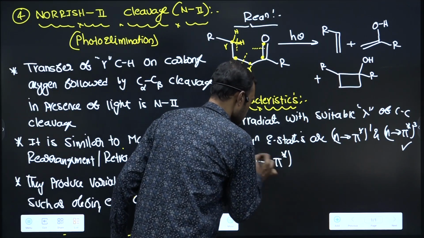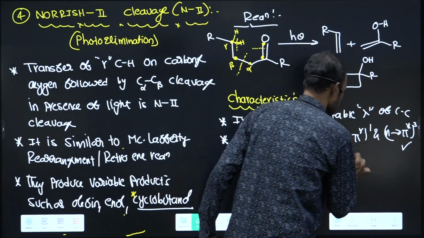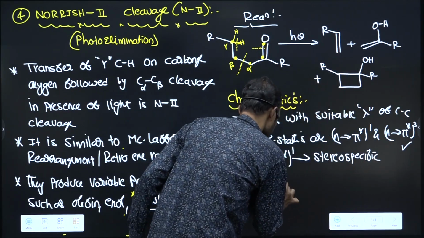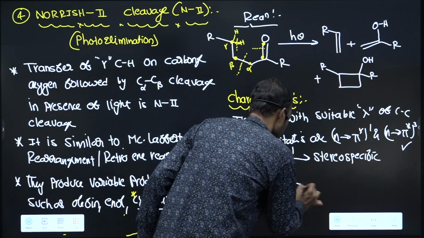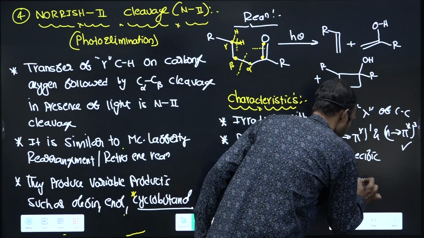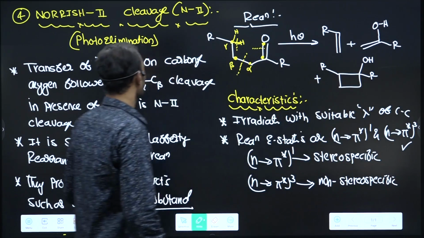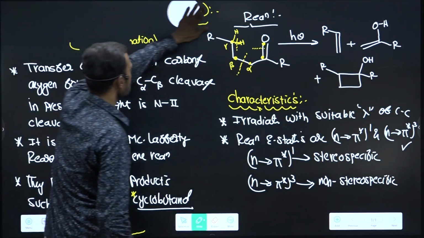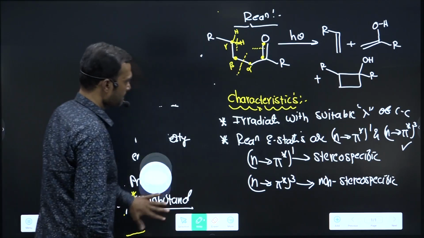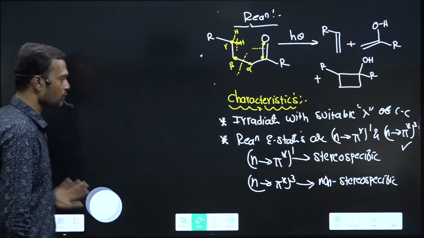The n-pi star singlet reactions are stereospecific. The n-pi star triplet is non-stereospecific. So n-pi star singlet is stereospecific, triplet is non-stereospecific. The reactive excited states are singlet and triplet, irradiated with suitable lambda.